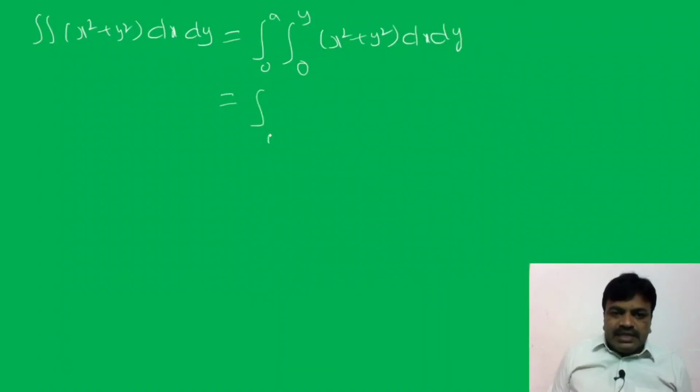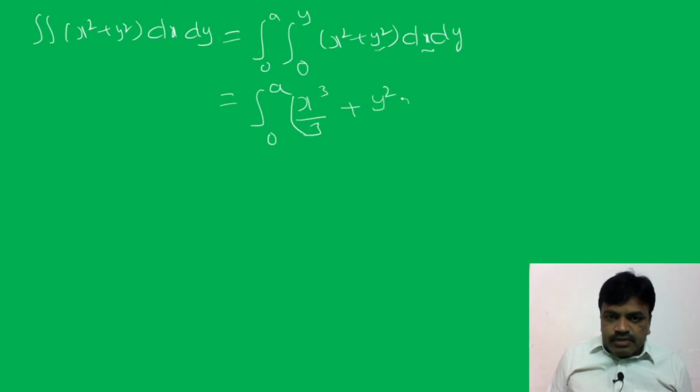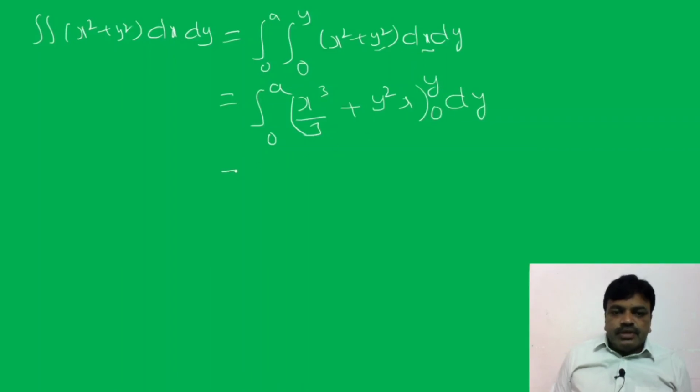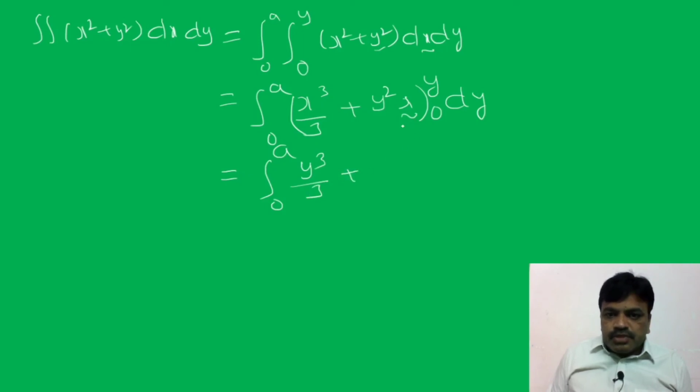That is equal to the integral 0 to a, the integral of x square is x cube by 3, plus with respect to x, y is constant, so y square into x between limits 0 to y, into dy. That is equal to the integral 0 to a, substituting the upper limit we get y cube by 3 plus, substituting y here, we get y cube. Substituting the lower limit, all these values are 0, into dy.